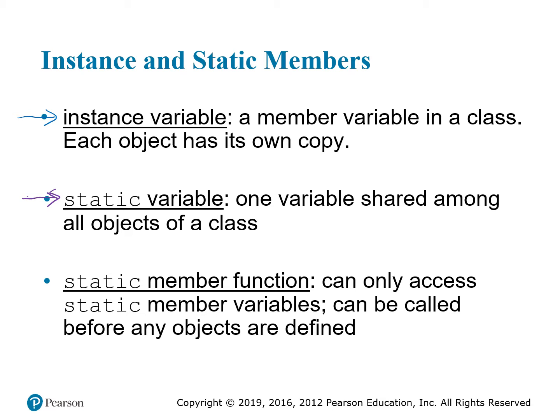Static member functions are functions that are written to only access static member variables. So you may want your static variables to be private and have getter and setter member functions like we had before. Those would want to be static member functions.